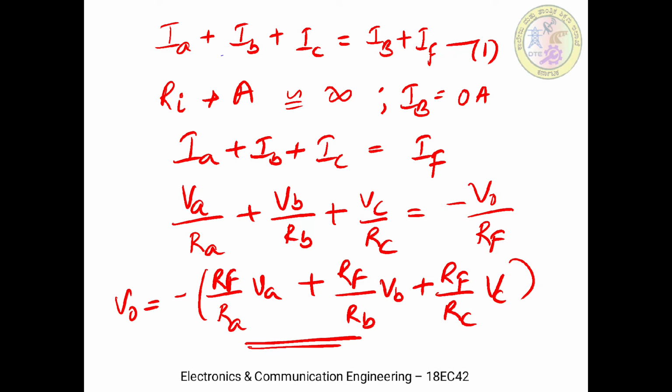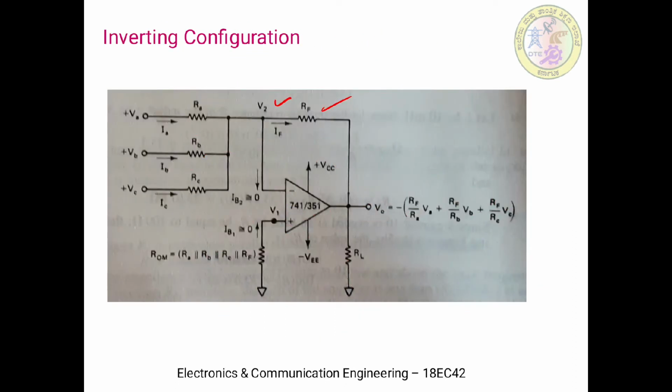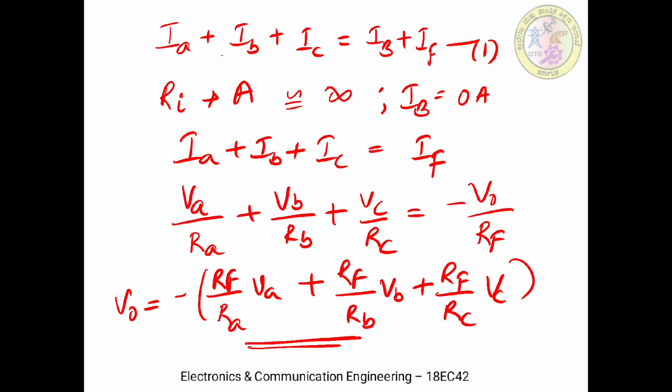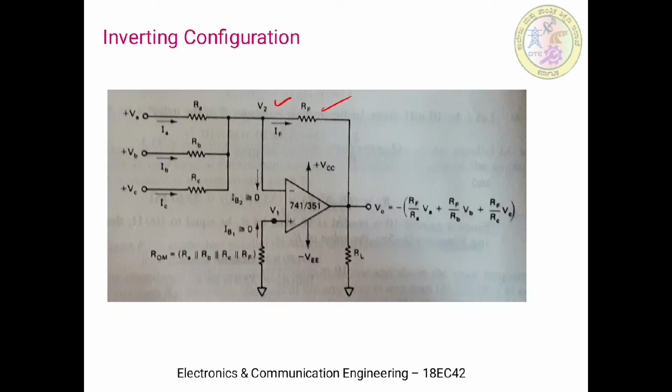So for the inverting configuration with the three inputs, the V0 expression is minus RF by RA into VA plus RF by RB into VB plus RF by RC into VC. Now the circuit shown in the previous circuit diagram can be used as a summing amplifier.